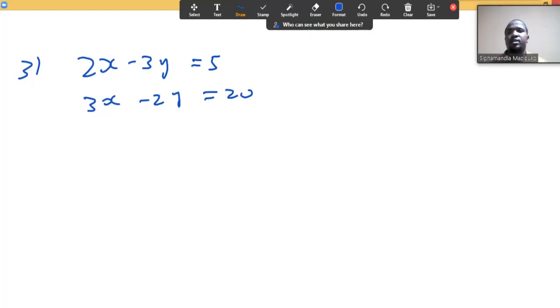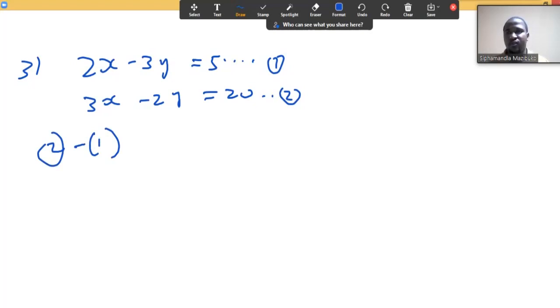If you look at it carefully, you can try to divide by 2 all throughout from equation 1, or else you can say equation 2 minus equation 1. What about that? Can we try that? Let's see what we get.